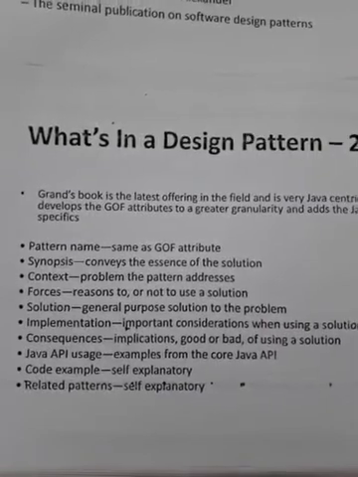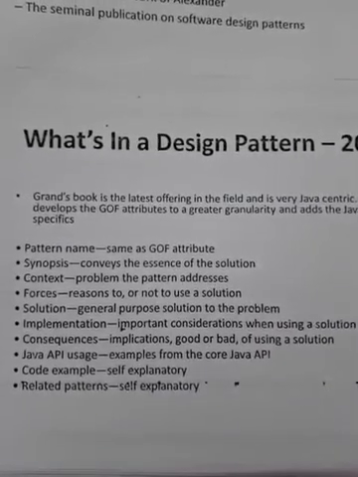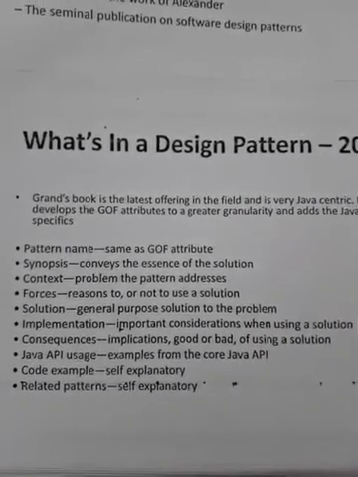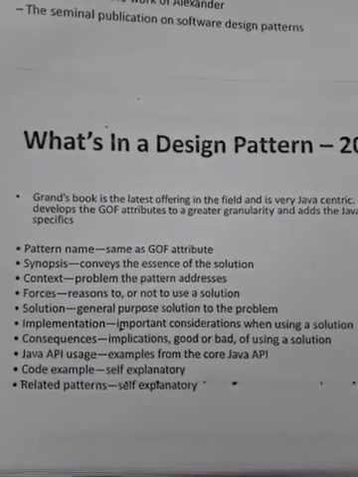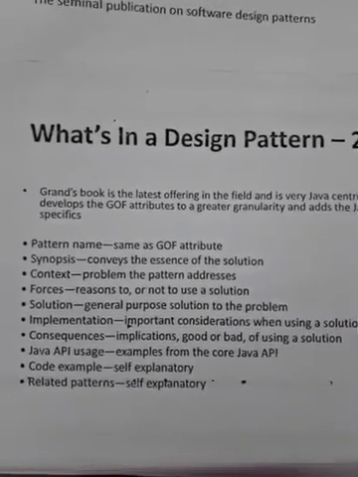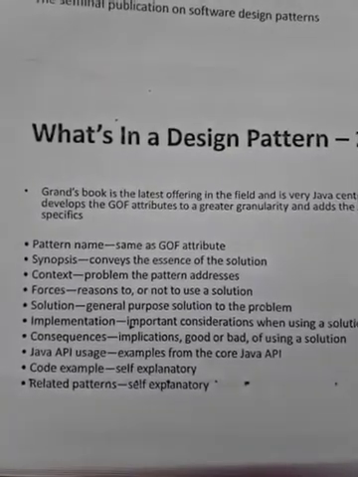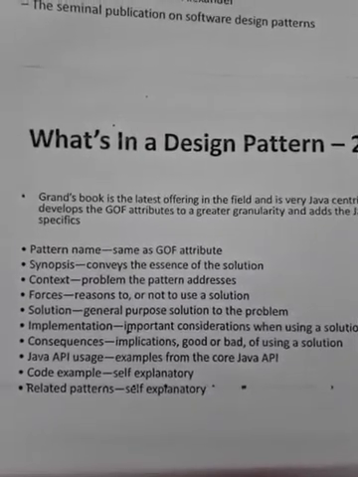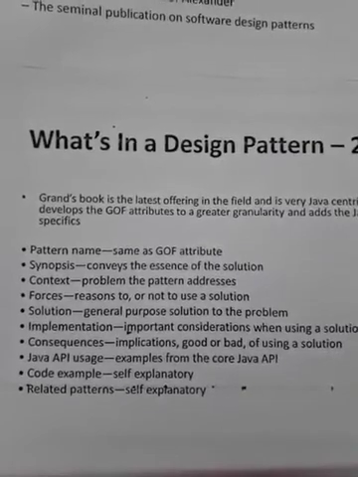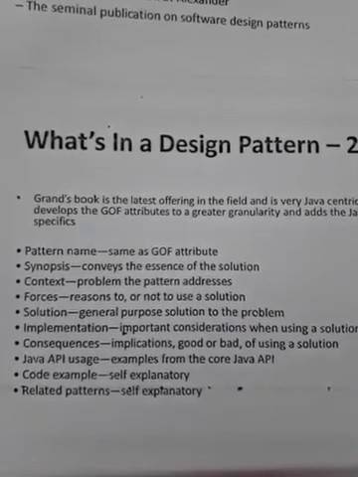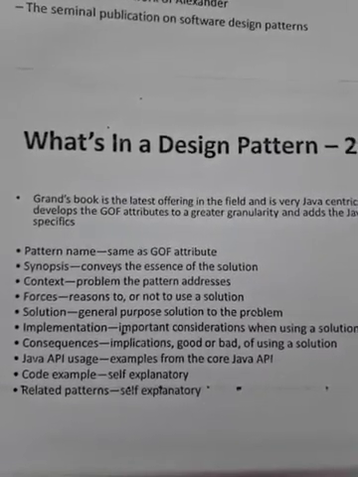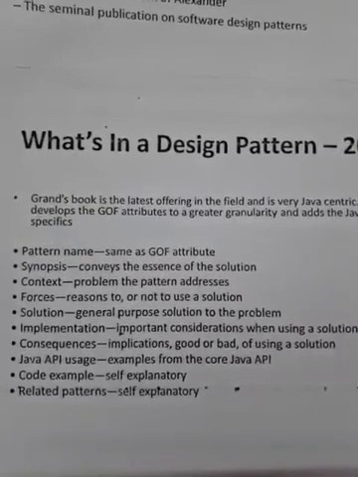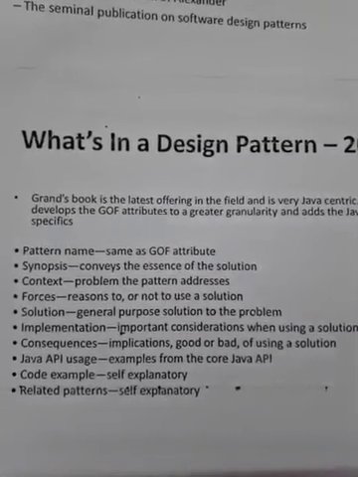Coming to the implementation, it gives important considerations when using a solution for that problem. The consequences are the same as the consequences from the Gang of Four authors, which say the good and bad, that is, the advantages or disadvantages, positives or negatives of using these solutions.